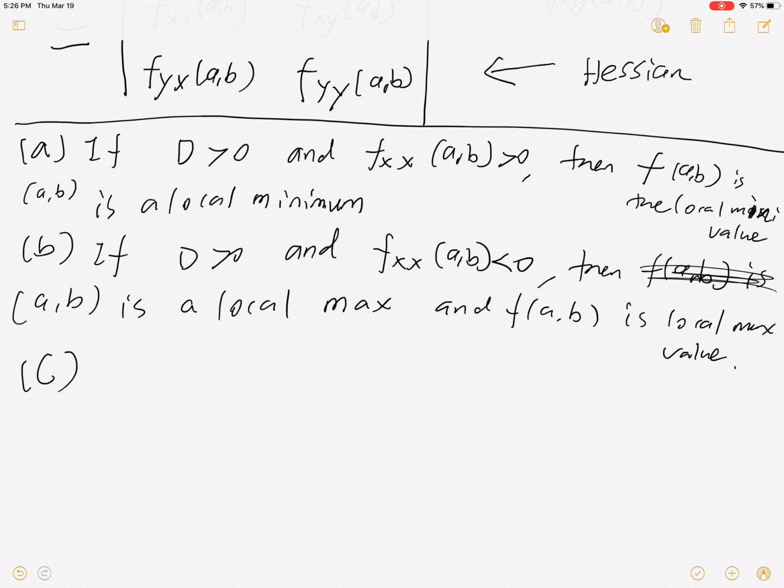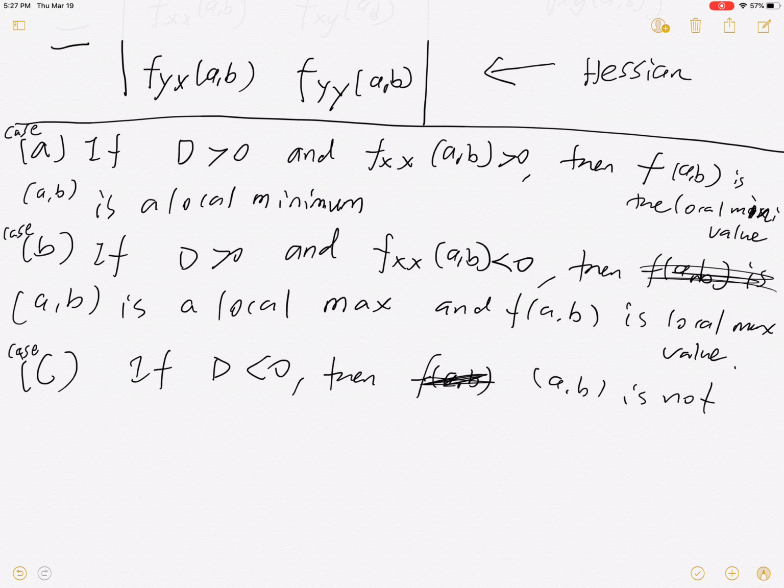Okay, C. Don't be confused, this is case A, case B, case C. If D is less than 0, then you don't need to test f_xx or f_yy anymore. Then (a, b) is not a local maximum or minimum.